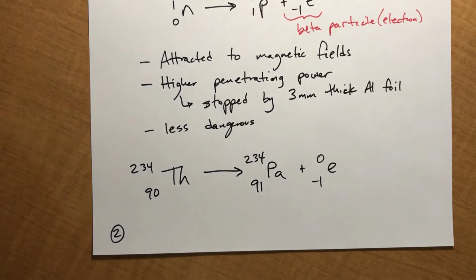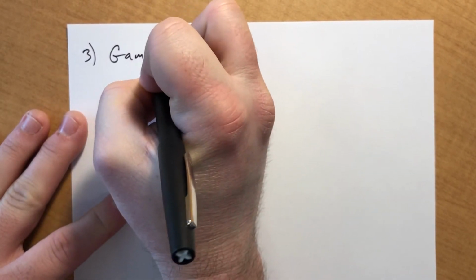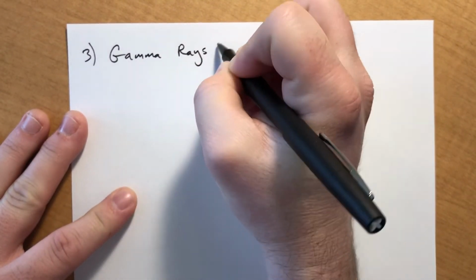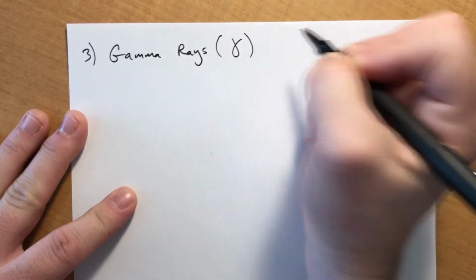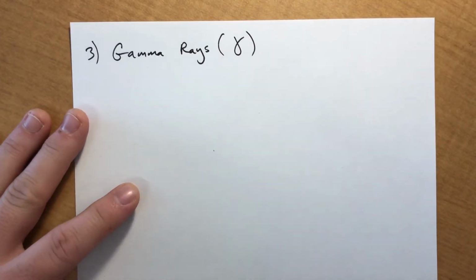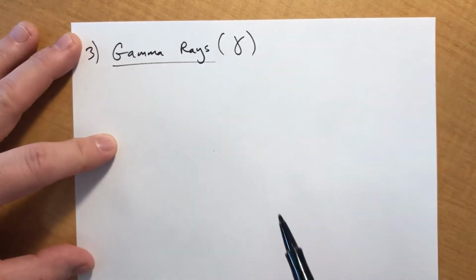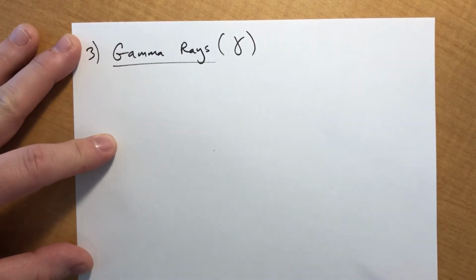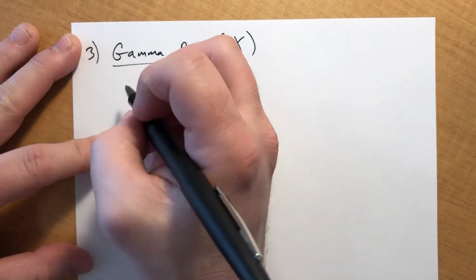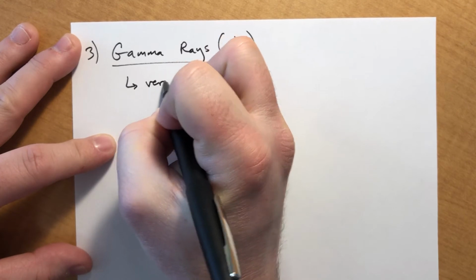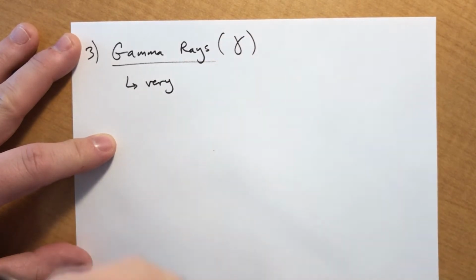Okay, there's three more left. And let's see how this goes. So the next one is kind of weird. These are called gamma rays. This is a Greek gamma, assuming that I'm even remotely good at writing Greek letters. These are essentially just very high energy photons. So literally it's just light, it's just pure energy.